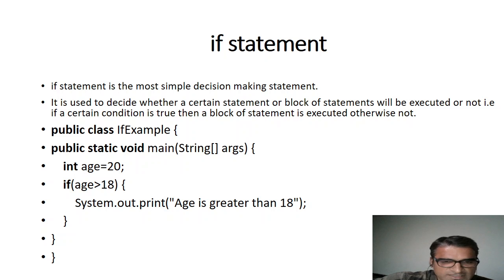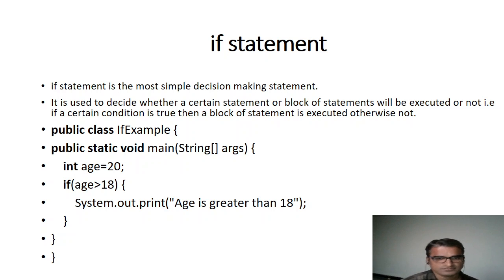What is the value present in age? 20, isn't it? Now 20 is greater than 18. When the condition is true, then only this statement can be executed. Which one? System.out.println age is greater than 18.